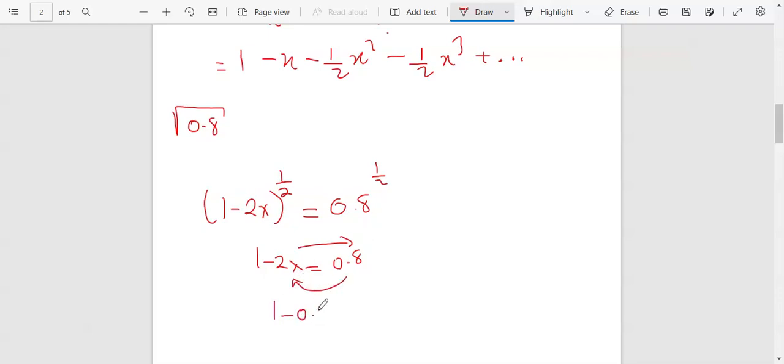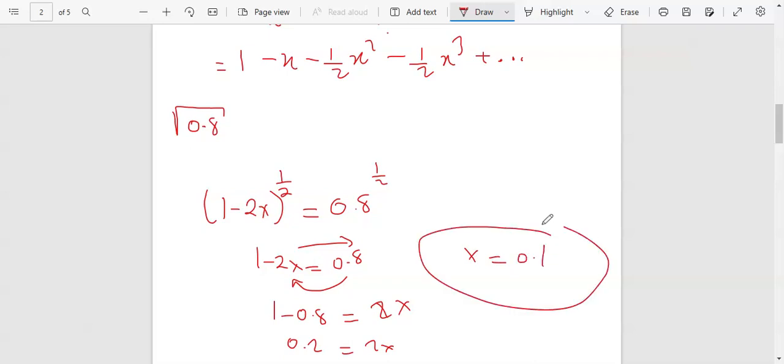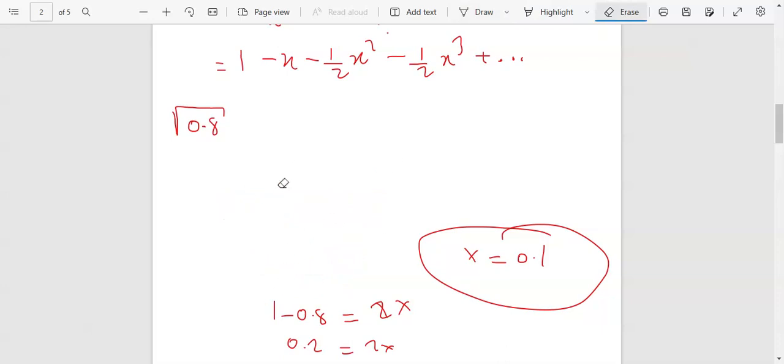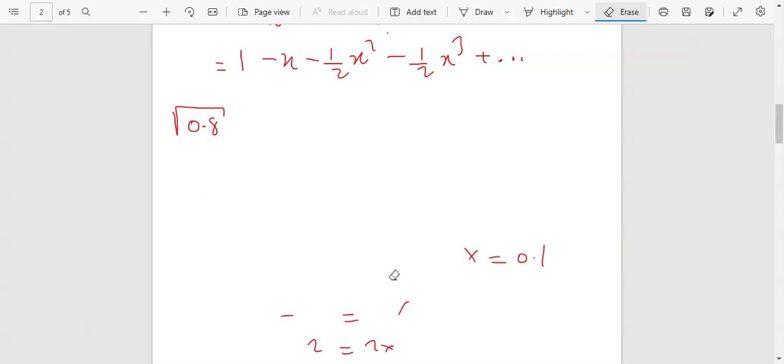So 1 minus 0.8 is equal to 2x. 1 minus 0.8, that is 0.2, is equal to 2x. Meaning that x is equal to what? X is equal to 0.1. So we'll just substitute in that same expansion, but where there is x, we're going to be substituting 0.1.